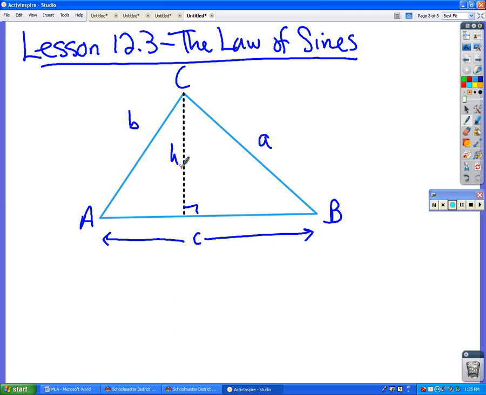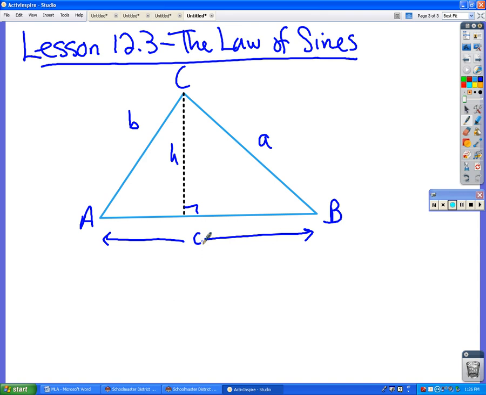Okay? And so we can turn this into two right triangles by drawing an altitude right there, okay? And after we do that, I can come up with an equation for H using this triangle over here and also using this triangle over here.